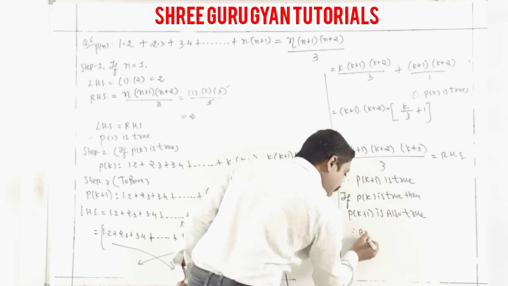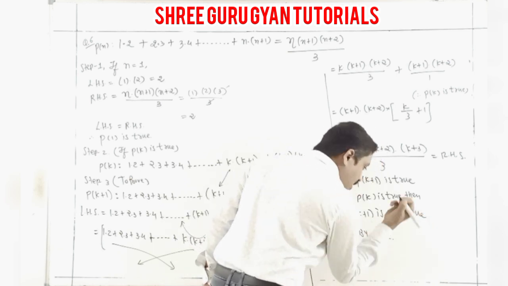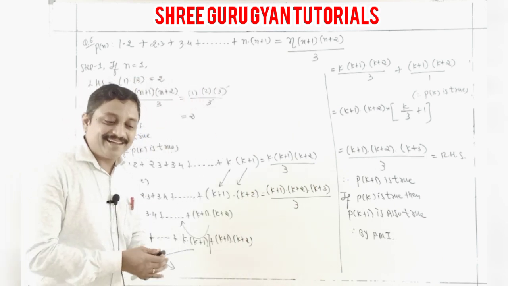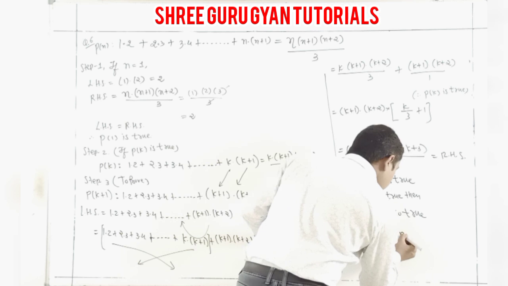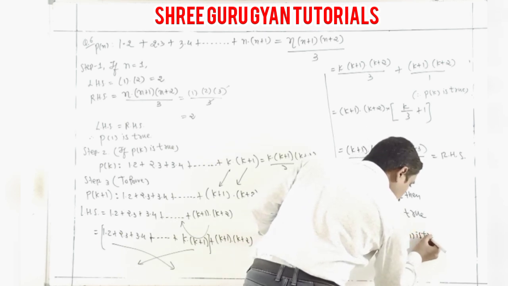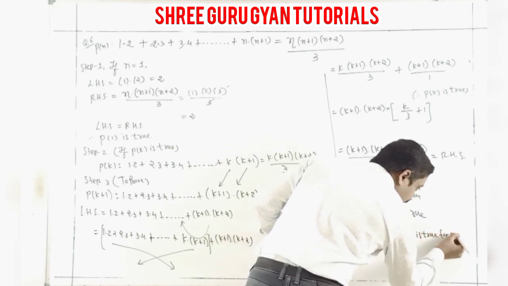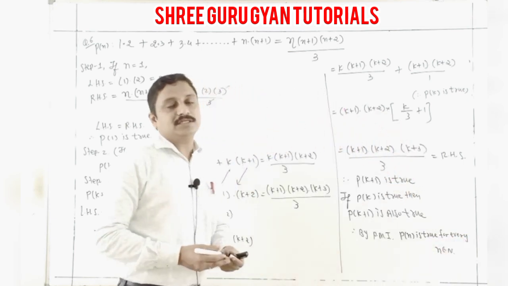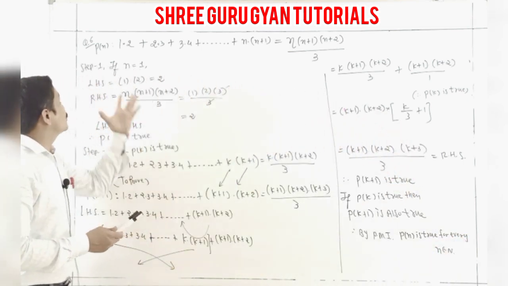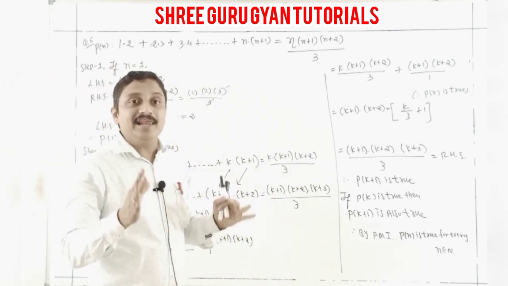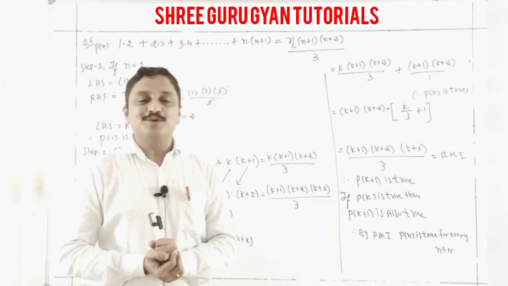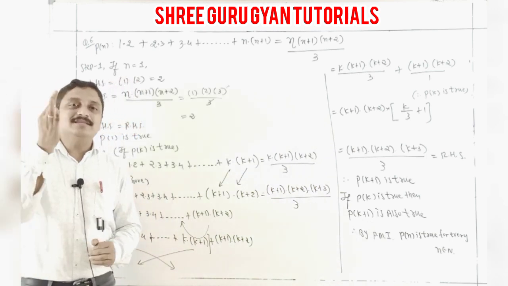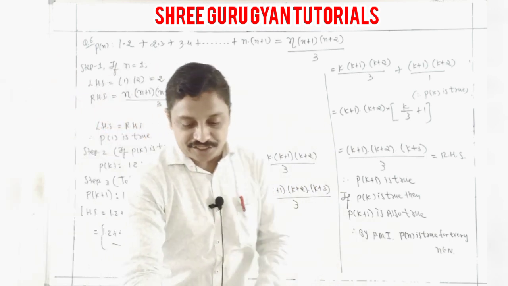Therefore, by PMI, the principle of mathematical induction, P(n) is true for every natural number. Here students, rule-wise, this question number 6 is also happily done. I hope students you enjoyed this part very well and very easily. I am going to give explanations here.